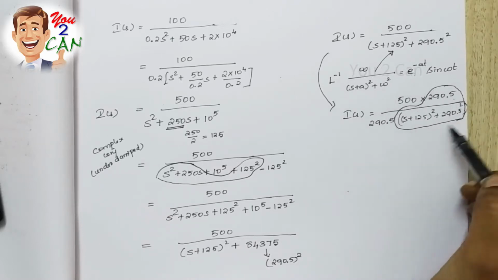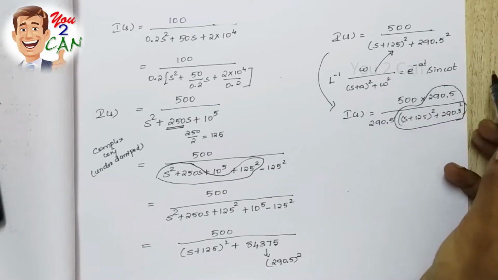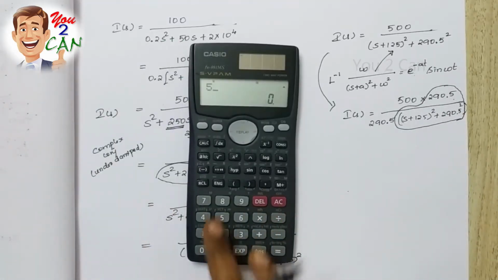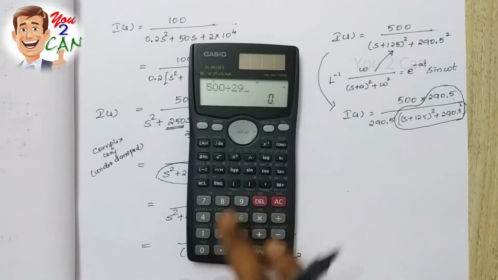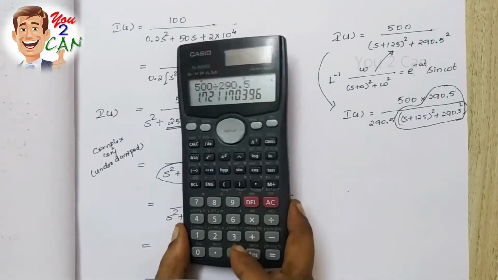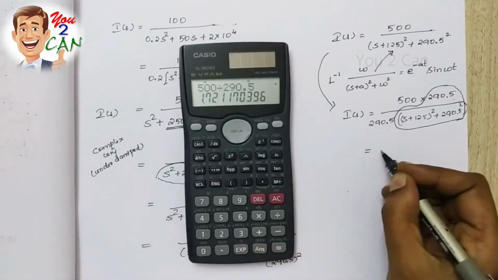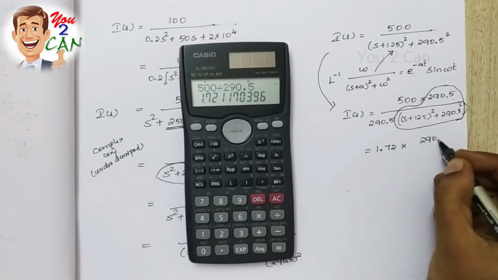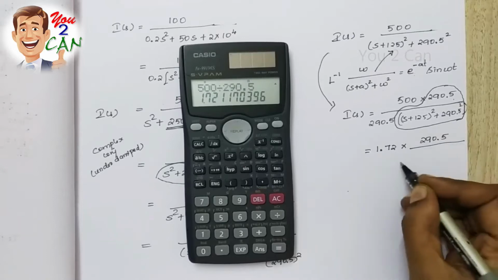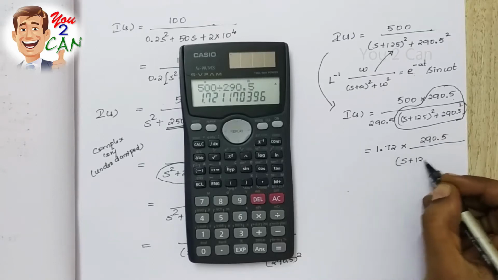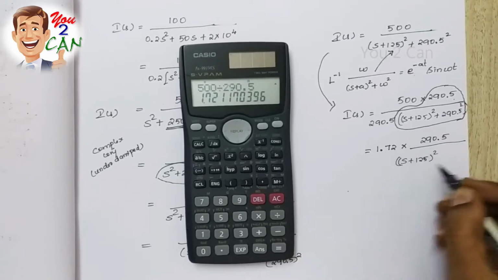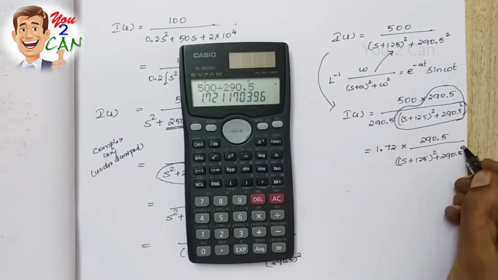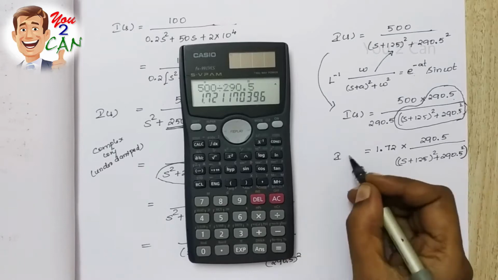So we can write this as e power minus at sin omega t. Now what is the value of 500 by 290.5? 1.72. So this is 1.72 into 290.5 divided by s plus 125 the whole square plus 290.5 squared. So this is I of s.